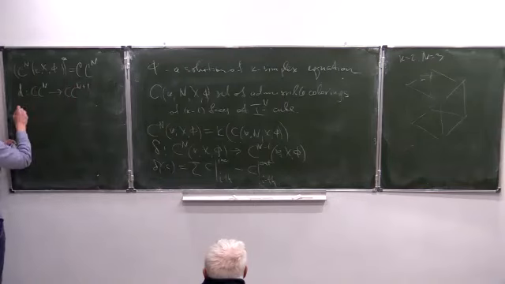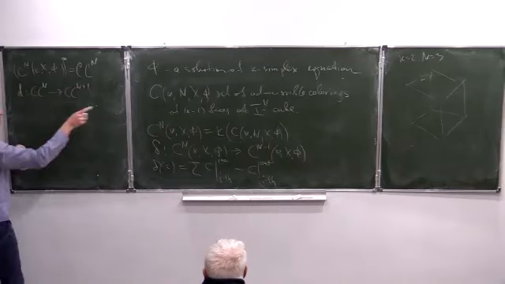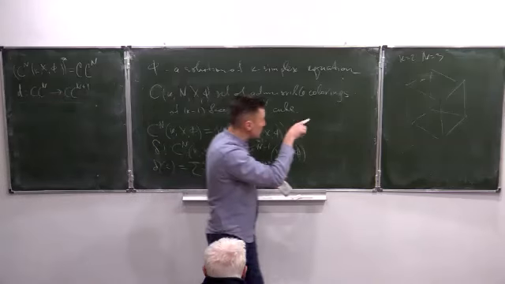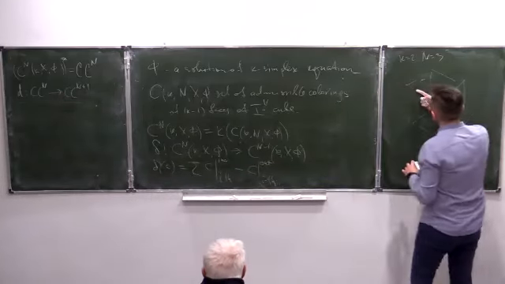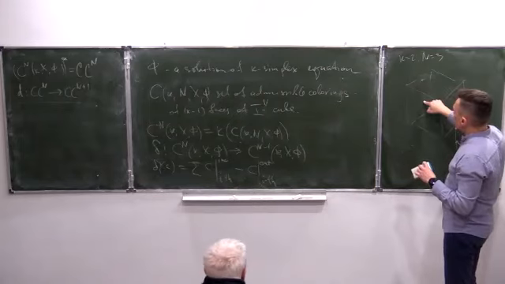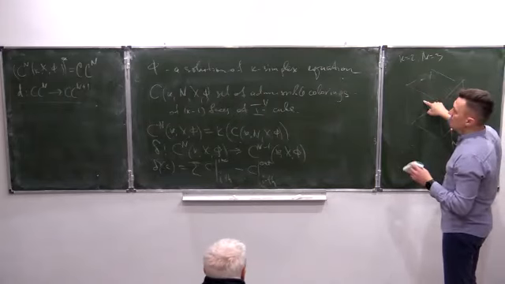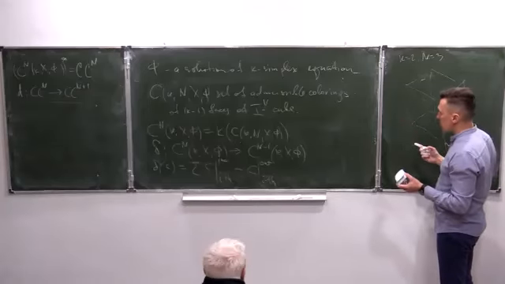Let us consider the simple case of k equal 2, n equal 3, and what is the cocycle of the complex related with the solution of the Yang-Baxter equation.